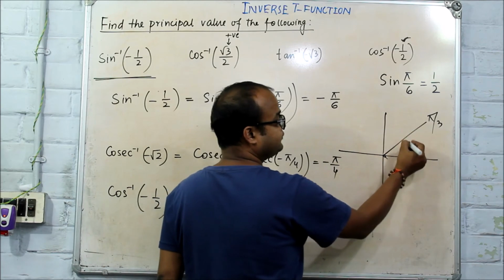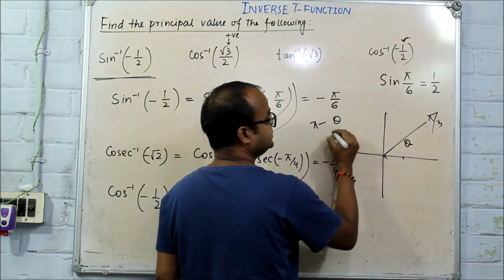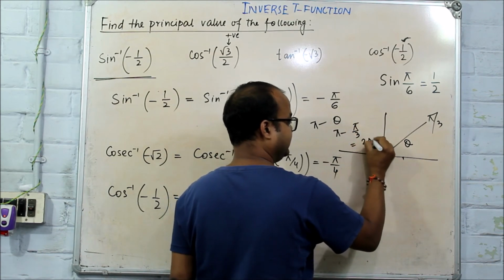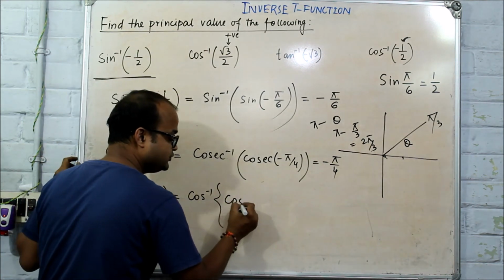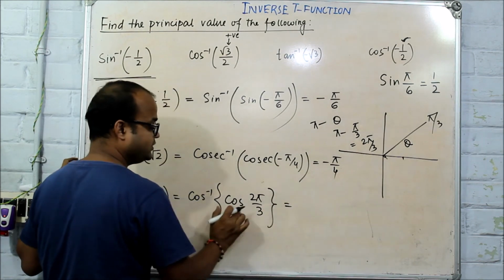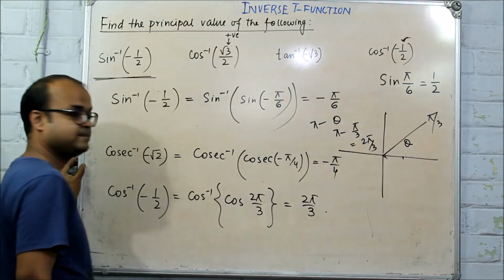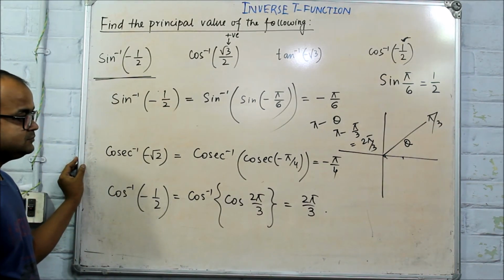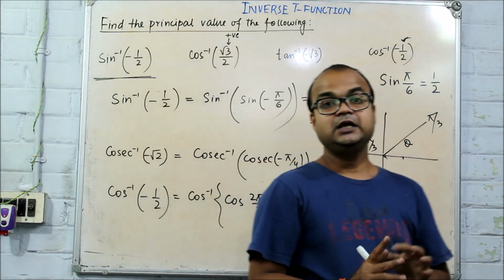If the first quadrant angle is theta, the second quadrant angle is pi minus theta. So that is pi minus pi by 3, which is equal to 2 pi by 3. So you write cos inverse of cos 2 pi by 3. Cos inverse cos theta means theta, so 2 pi by 3. Clear?